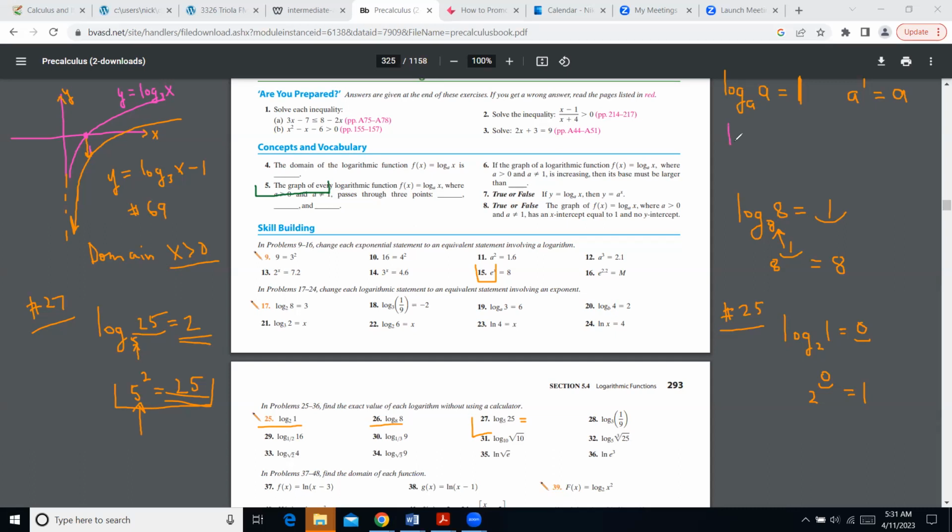This property says that logarithm of base a applied to number 1 is going to be equal to what? Well, some power I raise a to get 1, and that power has to be 0. So the logarithm is a power, so it is 0. So these two properties are what we will encounter every once in a while. So they have them here for us outlined separately.